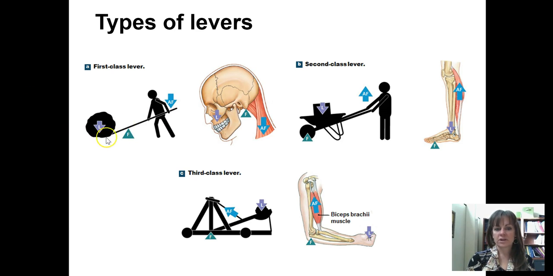Notice here with the first class lever that the fulcrum is in the middle. Notice too that the weight is being pulled down, and the muscle contraction is going in the same direction on the other side of that fulcrum, but the load is being pulled down, the applied force also pulls down in that same direction just on the other side.